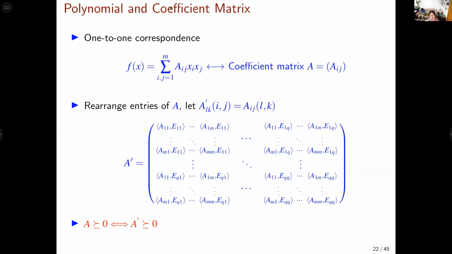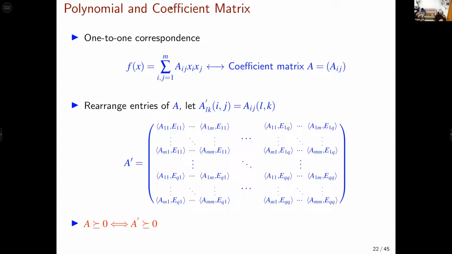So depending on the definition of the coefficient matrix, there is a one-to-one correspondence between the homogeneous quadratic polynomial f and its coefficient matrix A. We can do a rearrangement of A and then get A prime.